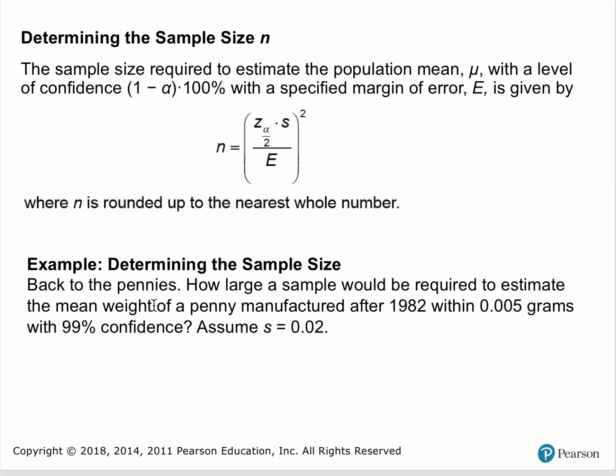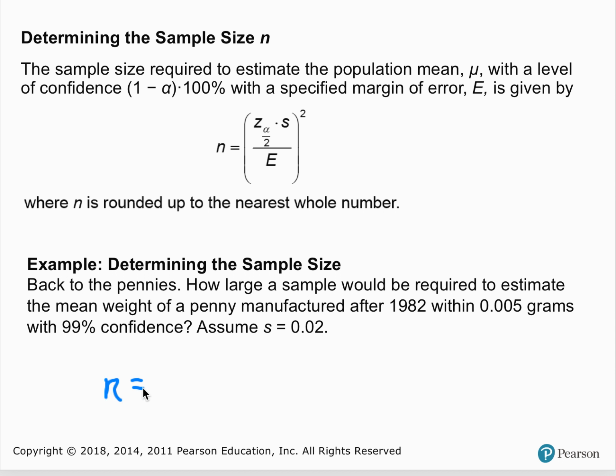Okay, so here's an example. Back to the pennies. How large a sample would be required to estimate the mean weight of a penny manufactured after 1982 within 0.005 grams with 99% confidence? I'm just going to plug into the formula.